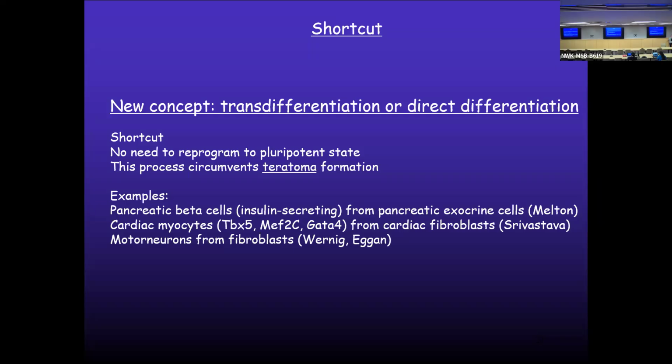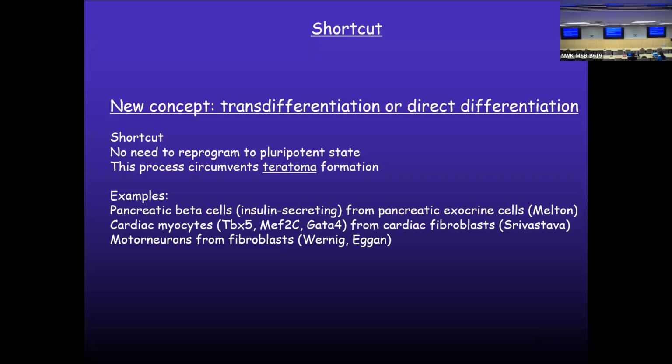And the answer is yes, it can be done, but with very, very little efficiency. So I think there's a lot of potential in that, because you don't have to go through pluripotency. You can generate from one adult cell another adult cell. That is very powerful, but yet we are not there, okay?